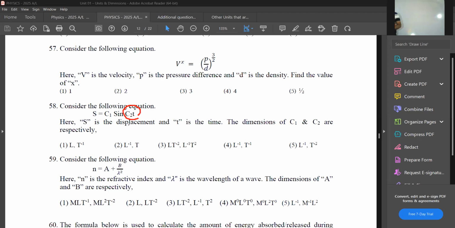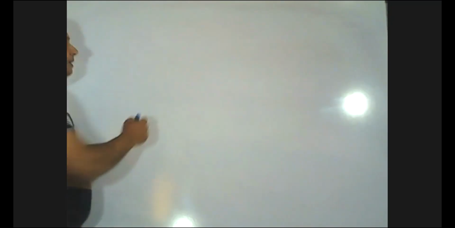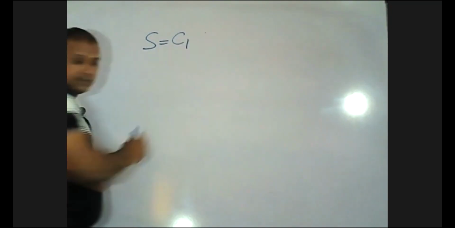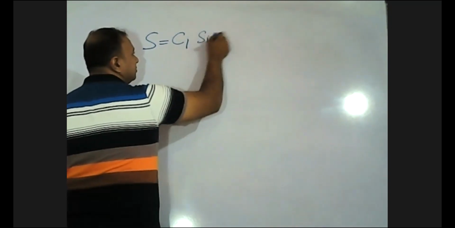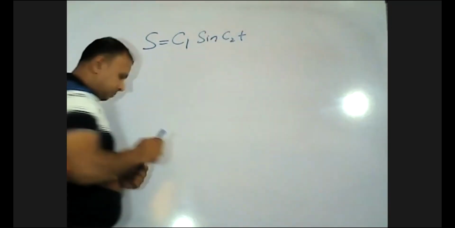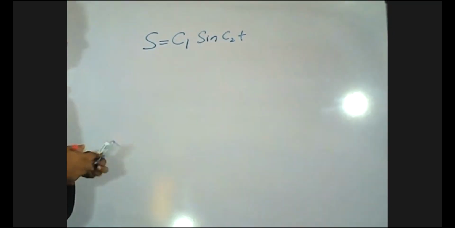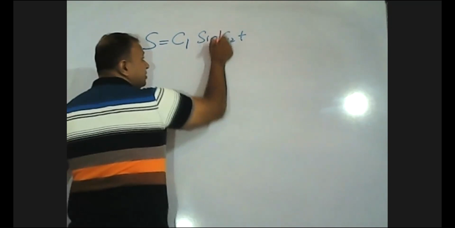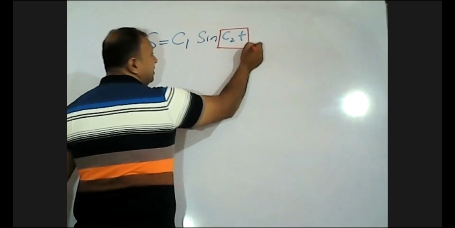C2T is an angle. It should be an angle. Yes, as we discussed earlier, this one is an angle.